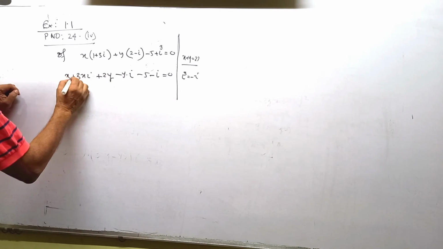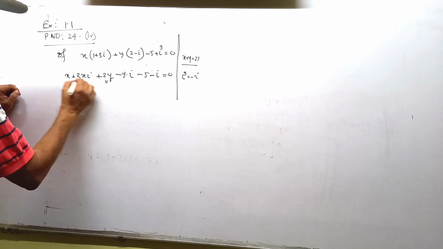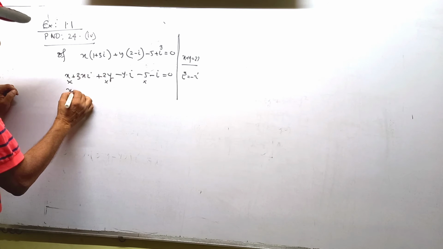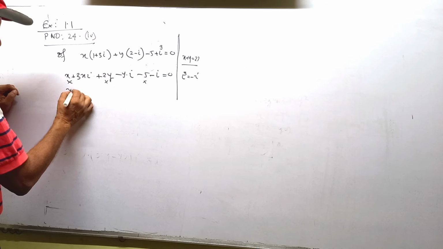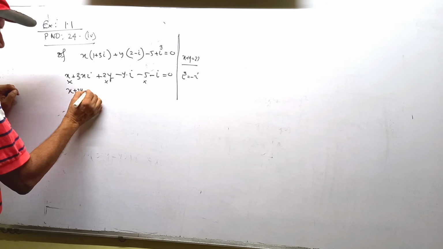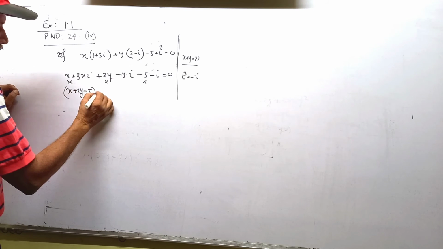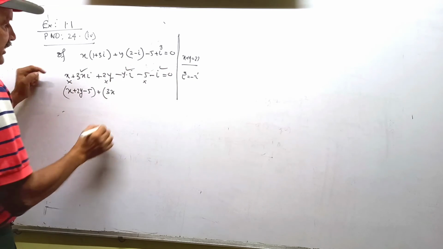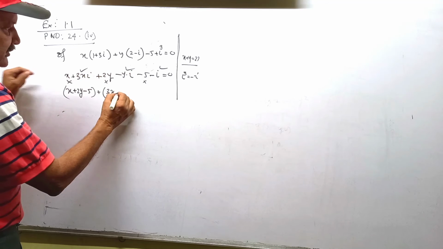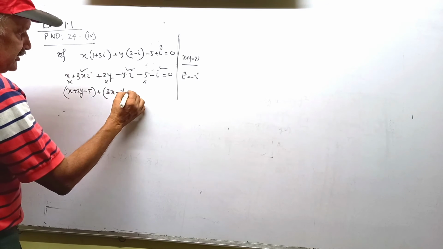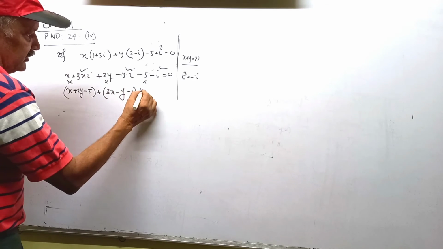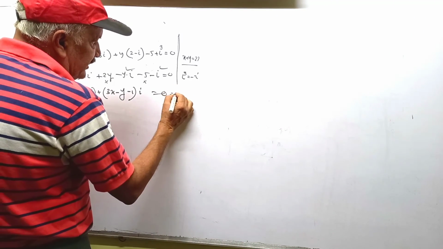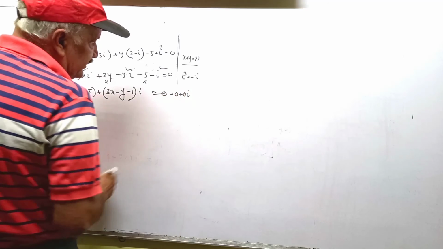Now all real part in one group: x plus 2y minus 5, and all imaginary part: 3x minus y minus 1 into i equal to 0, and 0 we can write as 0 plus 0i.